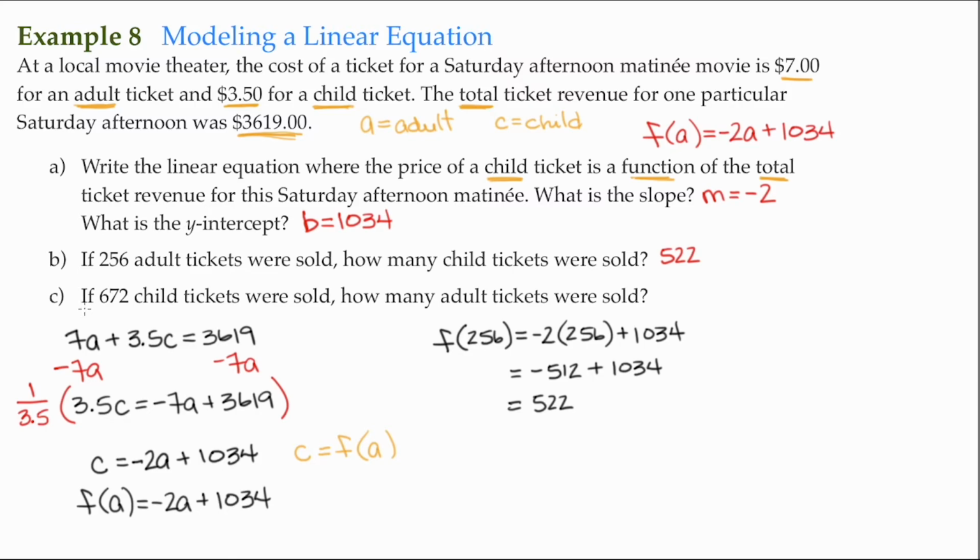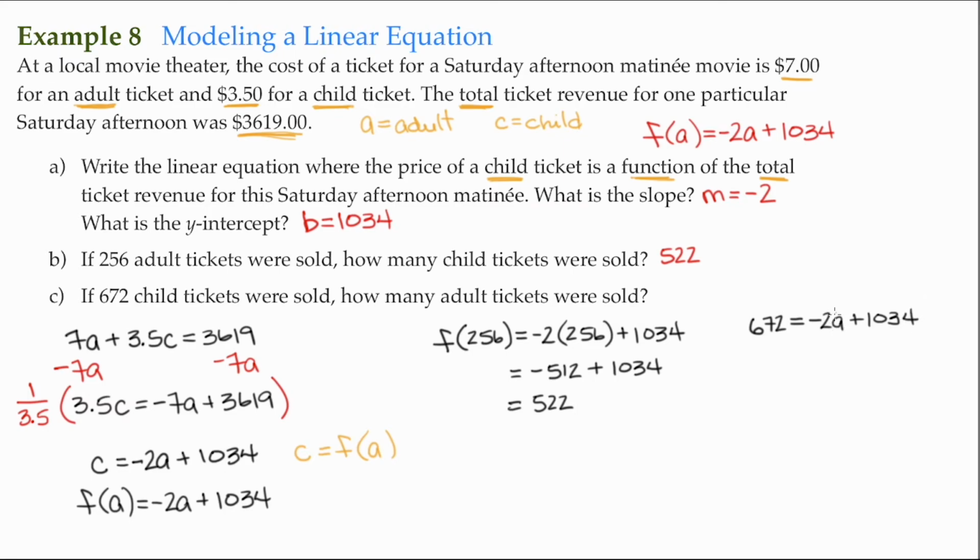Now C says if 672 child tickets were sold, how many adult tickets were sold? Well, here's our child ticket, C. If this is 672, then I can write this as 672 is equal to negative 2a plus the 1,034.